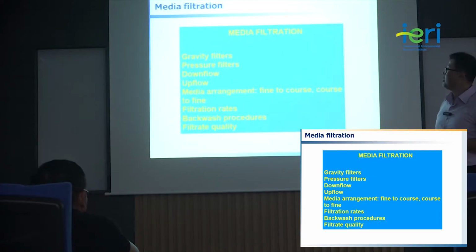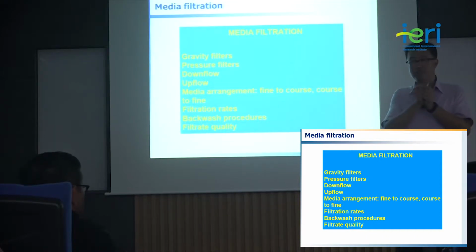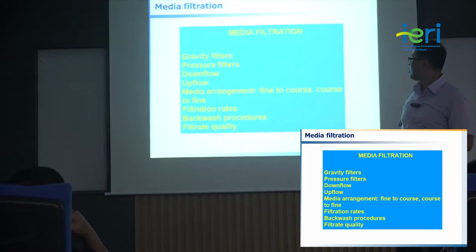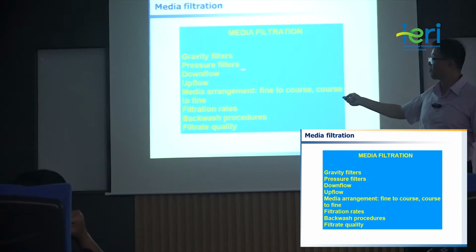The next step: in seawater desalination, sedimentation is not usually used. After coagulation, the bigger floc moves to the filtration step, so-called media filtration. These are some subcategories of media filtration, like gravity filters and pressure filters.